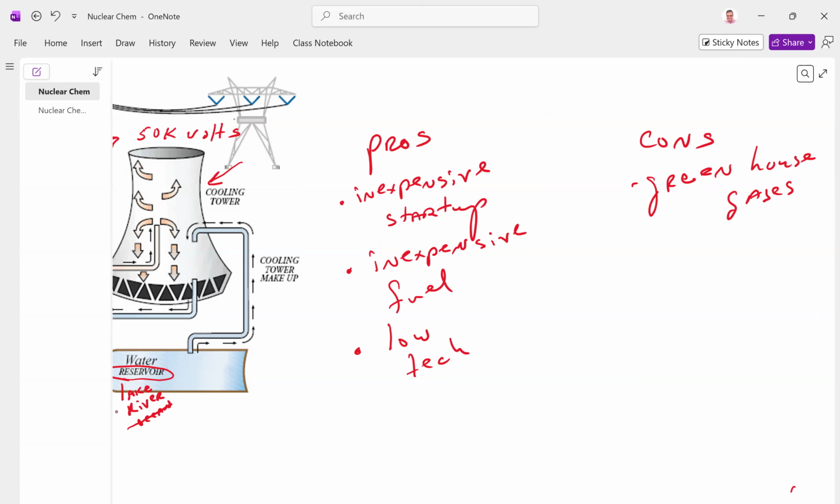Nitrogen converts to nitrous oxides and sulfur oxides. That's like nitric oxide, hydrogen sulfide. This is called acid rain. Okay, so those are the major cons. Big time polluters, greenhouse gases. Pros, inexpensive startup, inexpensive fuel, and it's low tech.